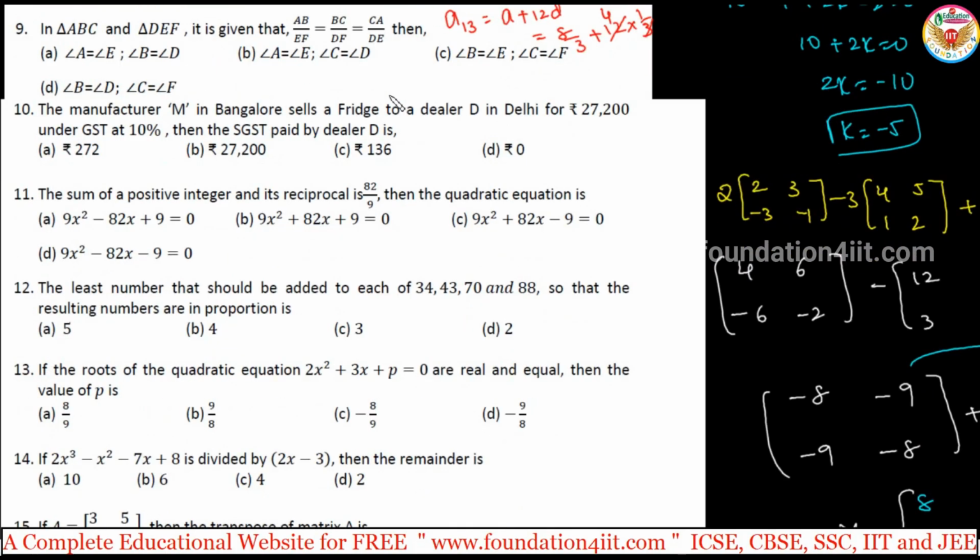Yes. Next, the 9th one. ABC, DEF. It is given that AB by EF, BC by DF, and CA by DE are equal. So among this, AB by EF is equal to BC by, so this A to B, B to C, C to A, it's an order. Down, if you observe, E to F, instead of DF, let us take FD. Instead of DF, just treat it as FD.